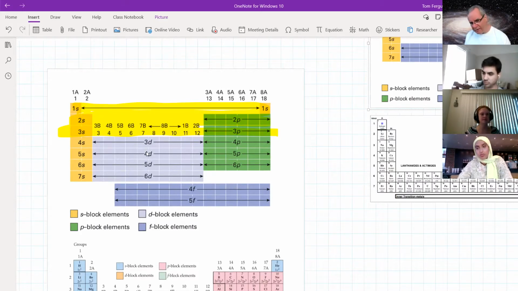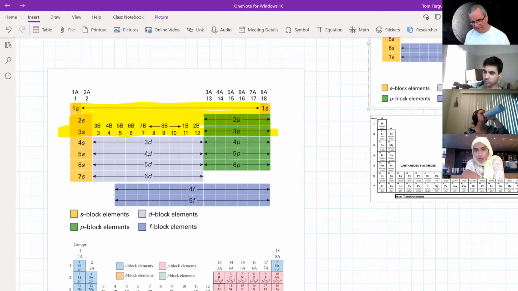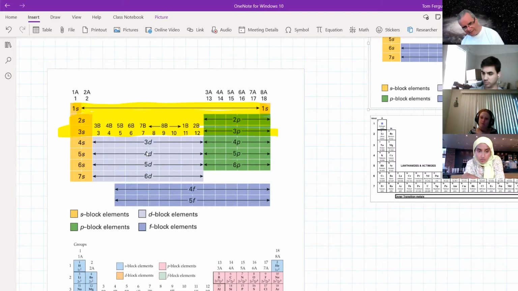Now, the other thing we reviewed was the reason that groups have similar chemistry: the valence electron configurations are the same within those elements that are in that group. In other words, phosphorus and nitrogen have the same valence structure, hence their chemistry is the same. Oxygen and silicone, another example.